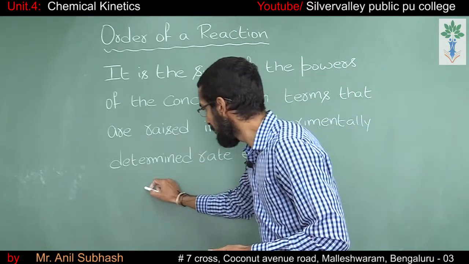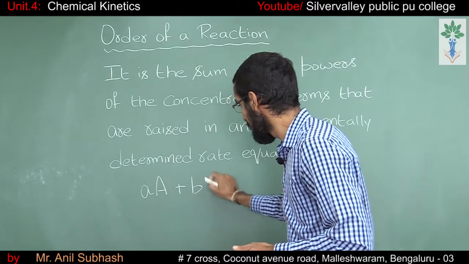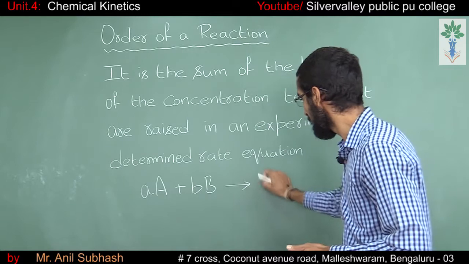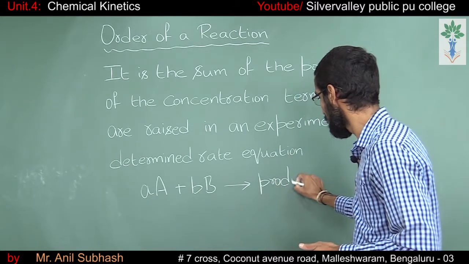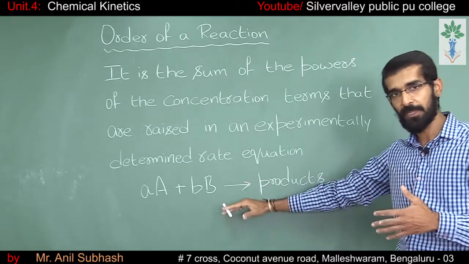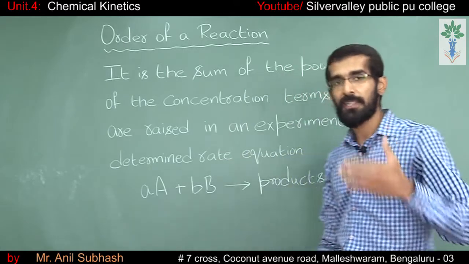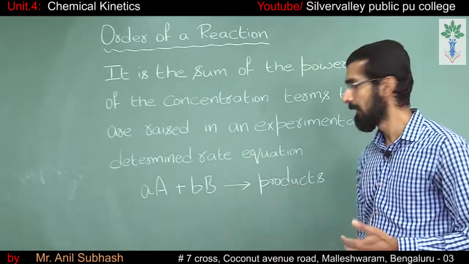For example, consider a reaction of the type: a molecules of A plus b molecules of B gives products. You are supposed to perform this experiment. After performing this experiment, you are supposed to derive the rate law.